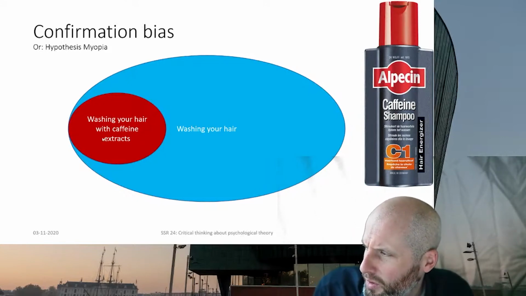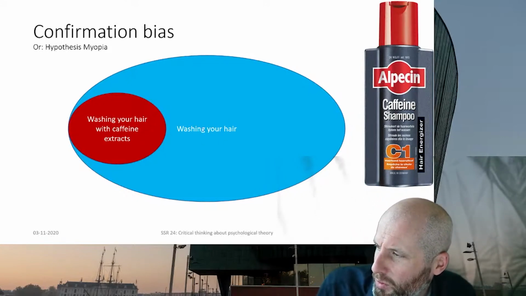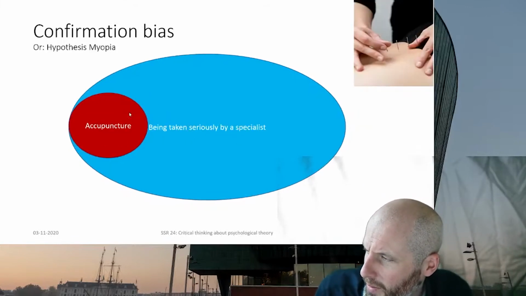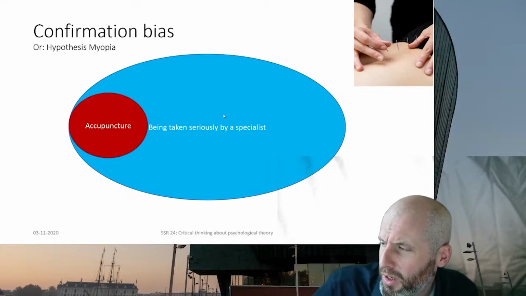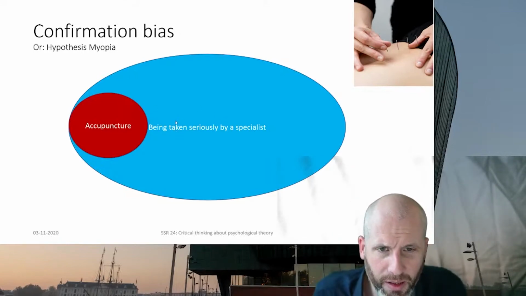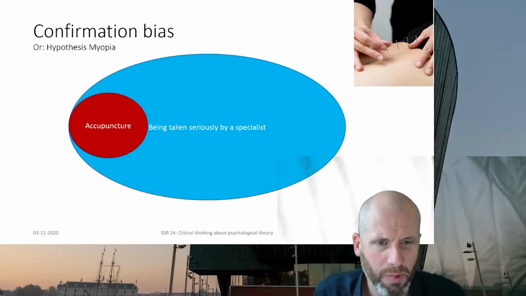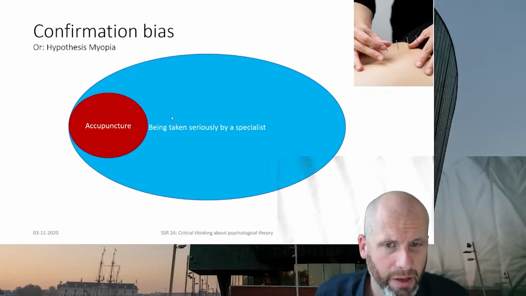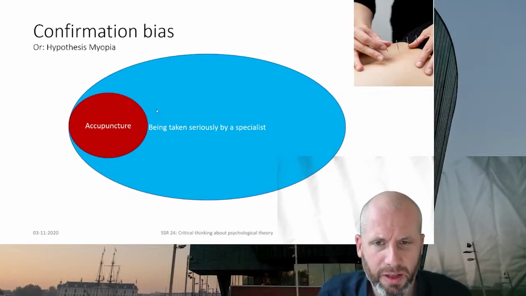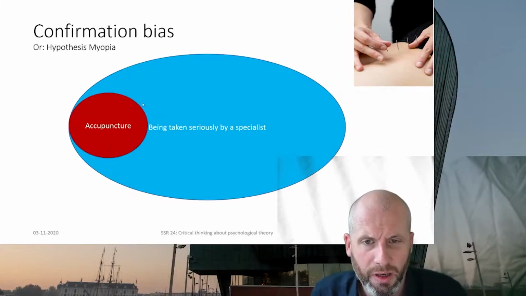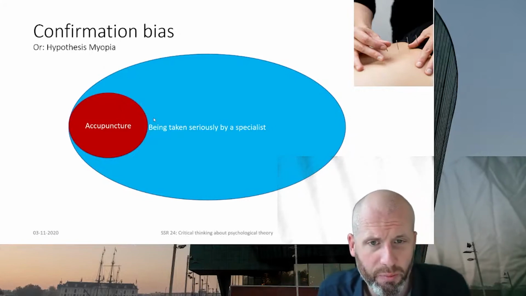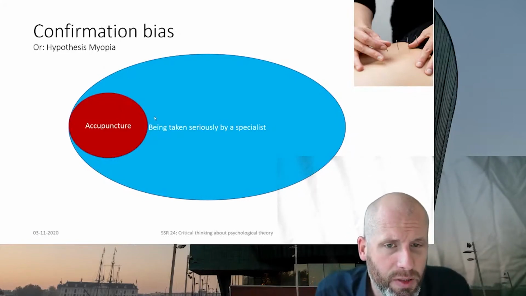And if we focus on the red explanation and forego differentiating it from the blue explanation, we're confirming the confirmation bias. The same as another example would be, let's say you stick needles in somebody's back and you're saying, well, my problems with my back go away. So that must have been an observed effect of the workings of acupuncture. It could be. It could also be the effect of a more general phenomenon of finally being taken seriously by a specialist, right?